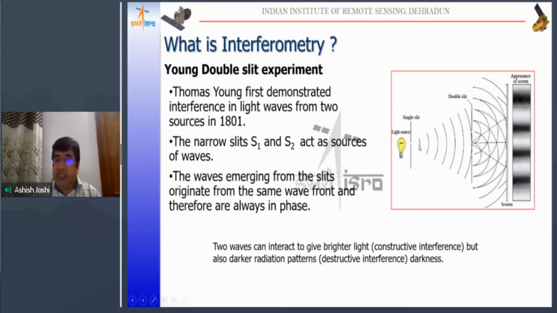If this is a light source and the light passes through two slits, the light waves from these two sources superimpose each other. Then the appearance of fringes is seen on the screen. The phenomenon of interference happens, and we have constructive interference and destructive interference.